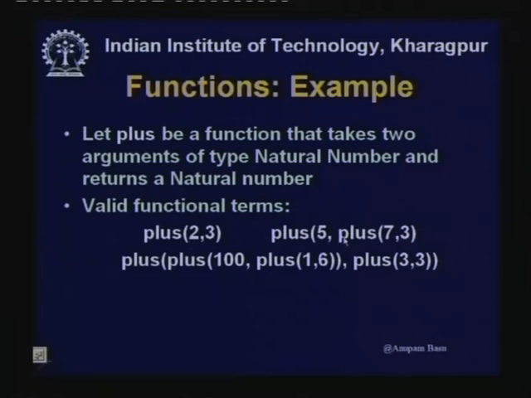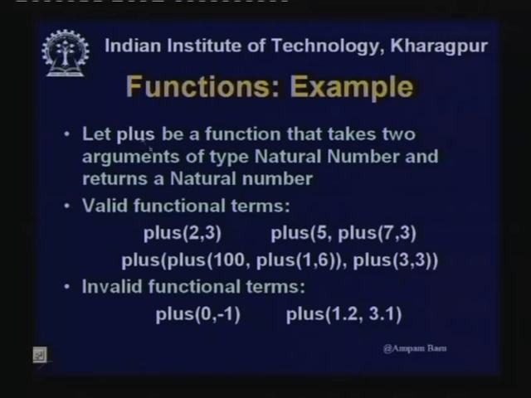Plus 5 plus 7 3 is also a valid function, because plus 7 3 will return an object of type natural numbers, that is 10, and then therefore, plus 5 and 10 both belonging to type natural numbers will add up and return a value of type w, that is natural number 15, sorry. Now, similarly plus 100, in that way I can go on writing this sort of statement. This is also a valid function, although there are a number of nested functions here.